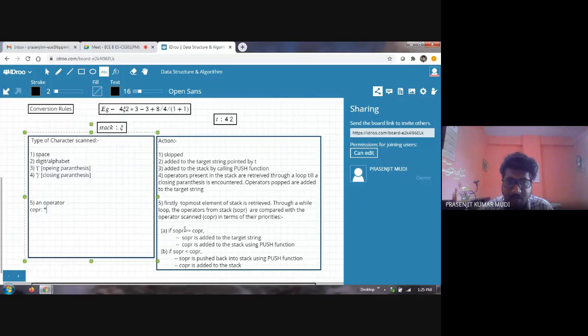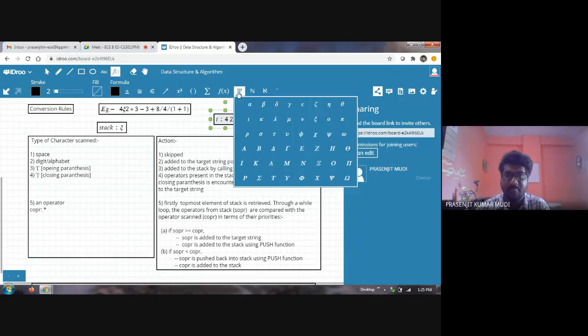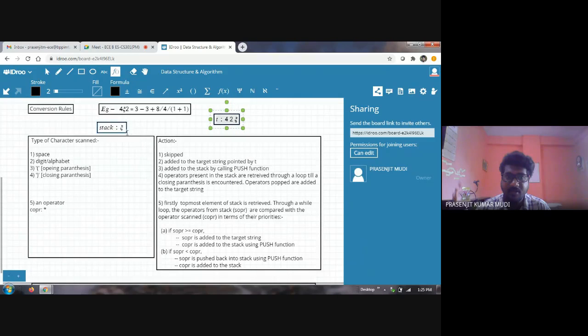So SOPR greater than or equal to COPR is satisfied, and SOPR is added to the target string. The exponentiation operator was removed from the stack and goes to the target string, and COPR star will be added to the stack.